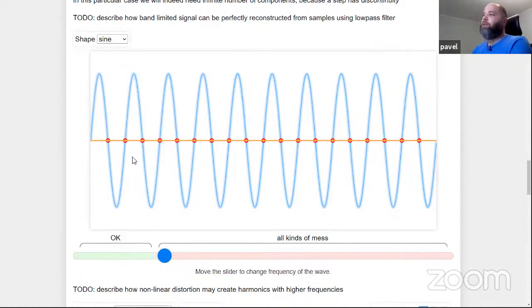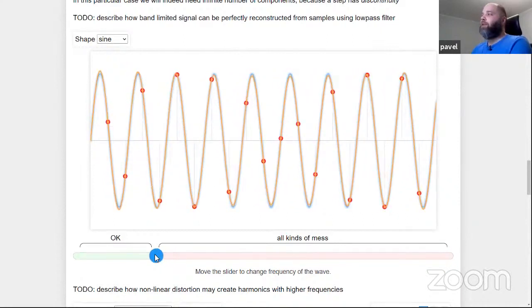And we are unlucky here, in fact, because all our samples have fallen to 0 value, and we get just a straight line after reconstruction. So this is the point where we are at Nyquist frequency.